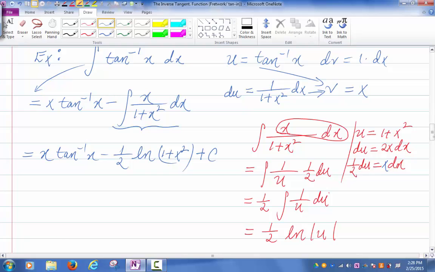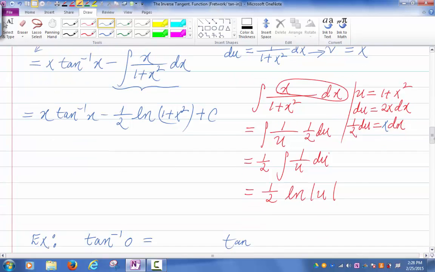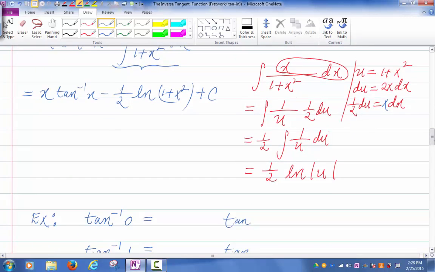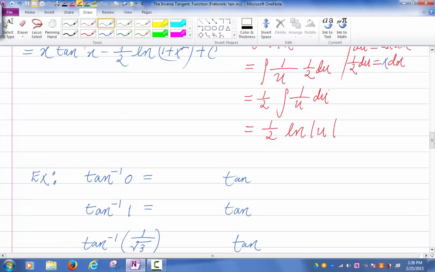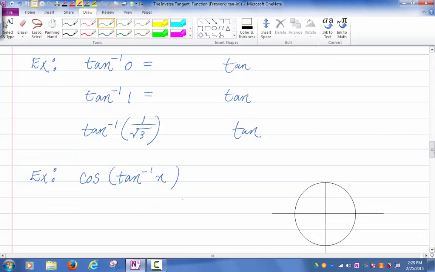Okay, is everyone done writing it down? What is tangent inverse of 0? It is 0, because tangent of 0 is 0. What is tangent inverse of 1?